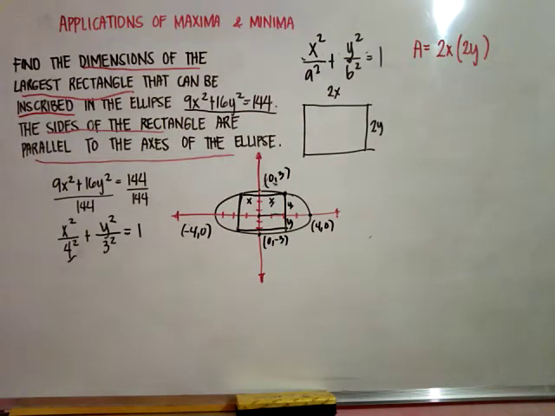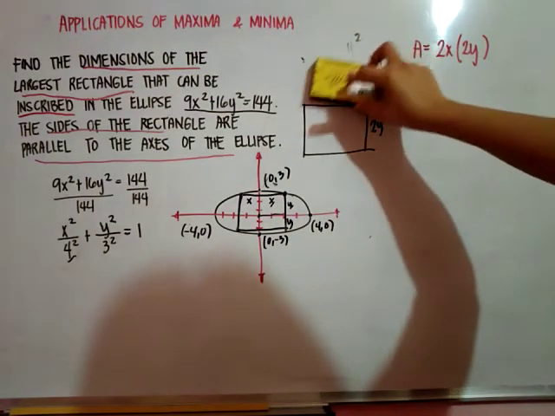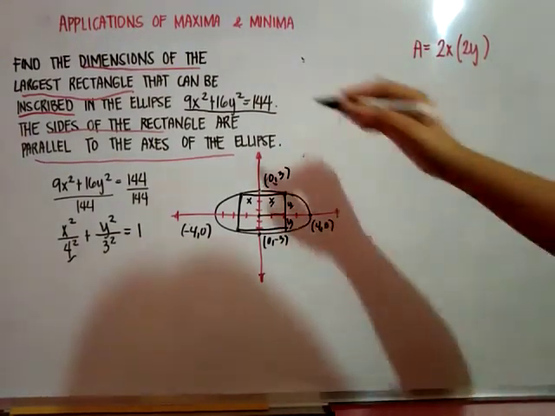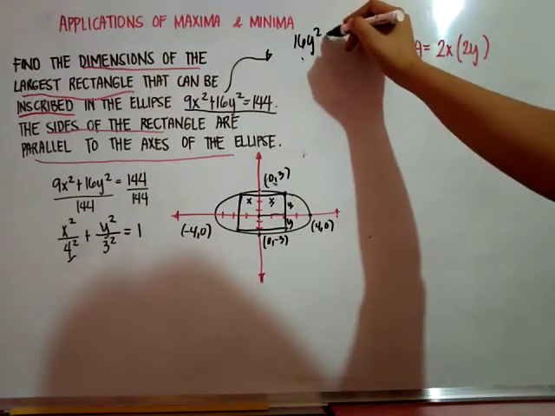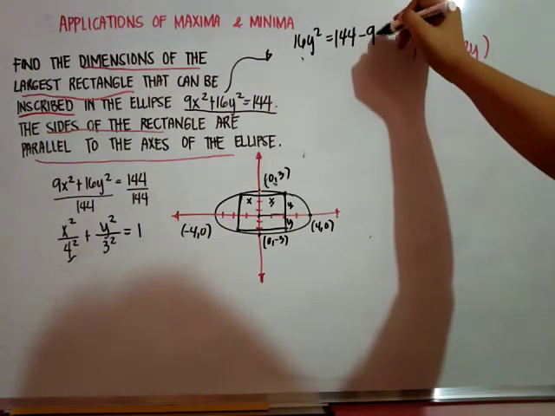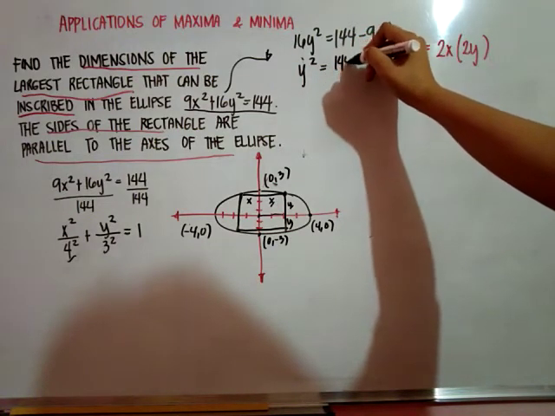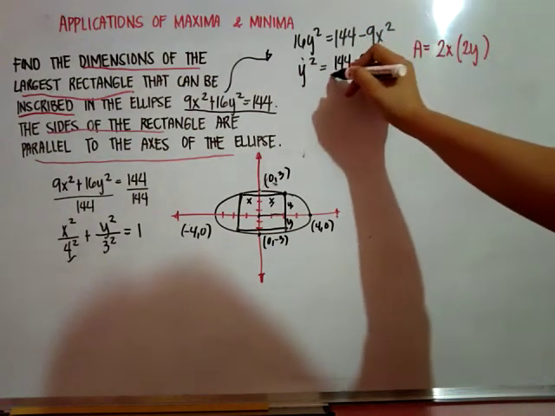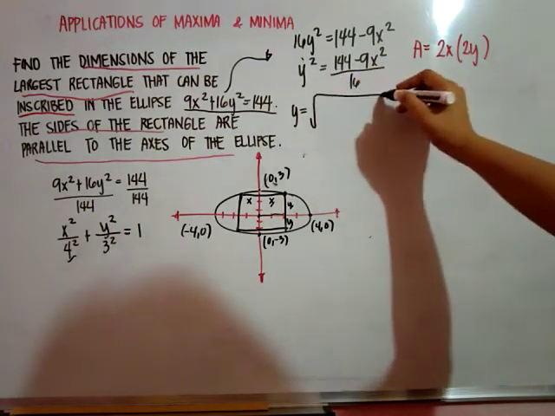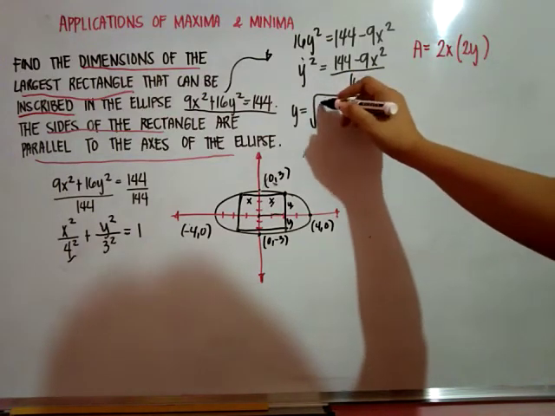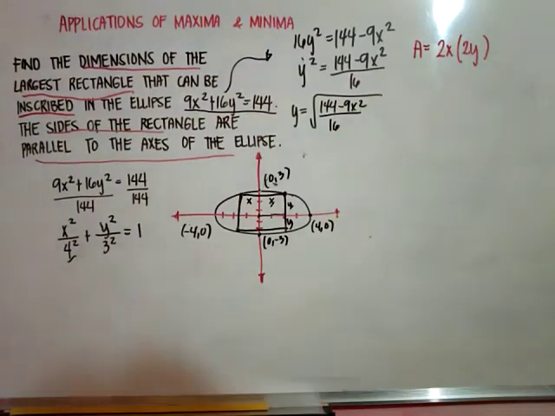So, we have, from here, let's express it in terms of y. So, we have 16y squared equals 144 minus 9x squared. So, we have y squared equals (144 minus 9x squared) divided by 16. So, therefore, y is equal to the square root of this term. So, we have the square root of (144 minus 9x squared) all over 16.